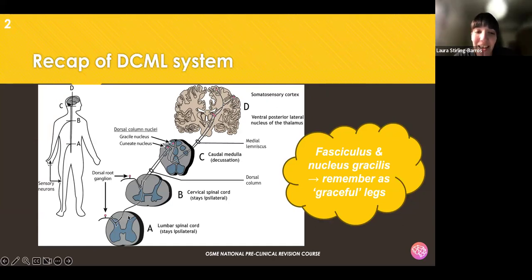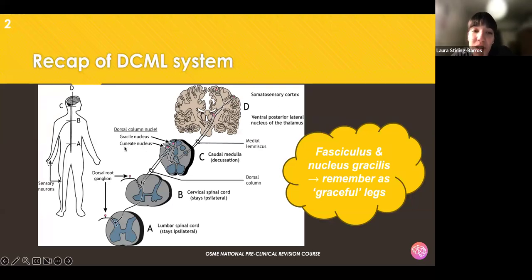And then this first order neuron ascends ipsilaterally, so on the same side. If it started on the left, it goes up on the left side through the gracilis and cuneatus fasciculi, and then it meets the dorsal column nuclei, which are named the same, gracilis nucleus and cuneatus nucleus.